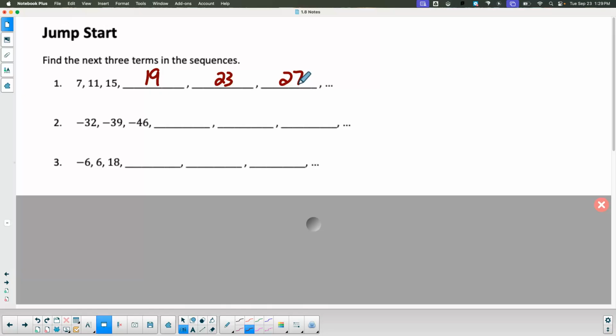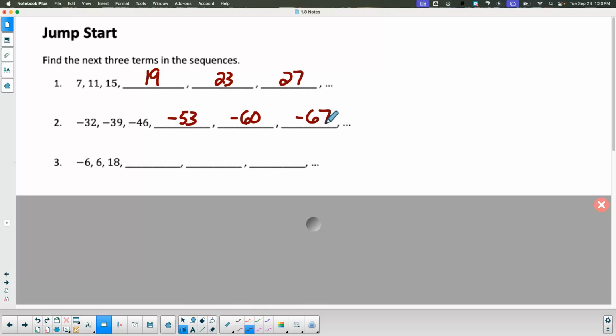Do we agree? Anything else? Subtracting 7? Okay, subtracting 7 I like better. So negative 46 minus 7 would be negative 53, negative 53 minus 7 would be negative 60, negative 60 minus 7 would be negative 67.